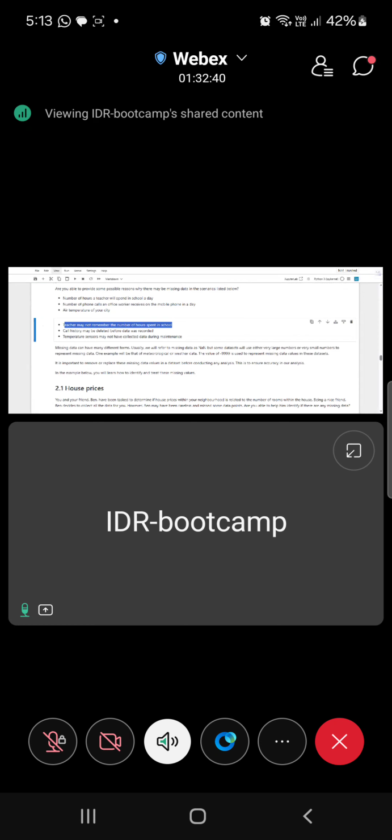Call history may be deleted, or a temperature sensor may not have collected data during maintenance time. So when you are trying to collect certain data and for any reason that data is not available, that becomes your missing data.